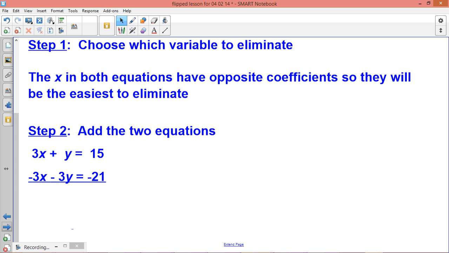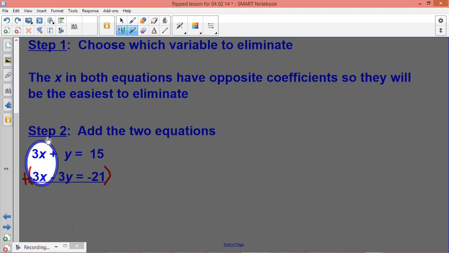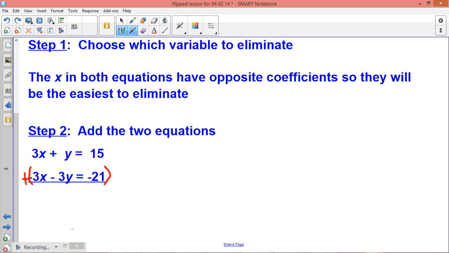So now I'm going to add my two equations, just like old school addition. First of all, 3x plus negative 3x is going to give me, you guessed it, 0. So I can write 0x, or I could just write nothing at all.